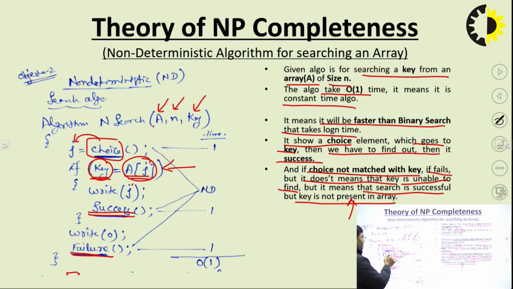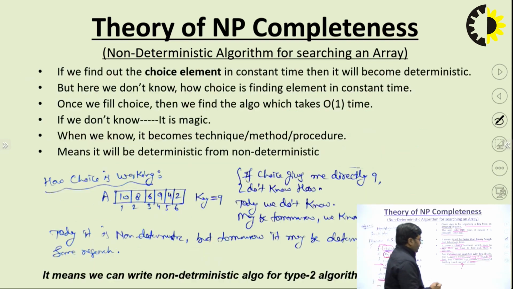Choice is that type of feature, that type of procedure, in which choice searches the whole array exactly once and tries to find the key in constant time only. If the key is not present in that array, it will come to failure only; otherwise it will come to success, irrespective of the index.